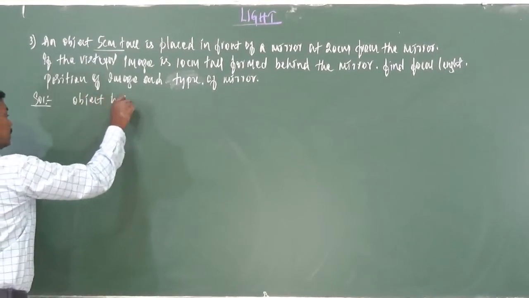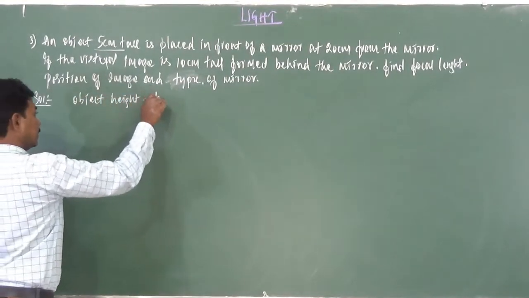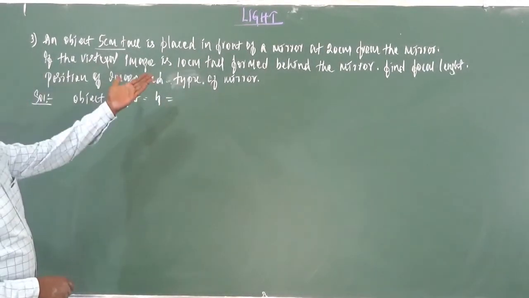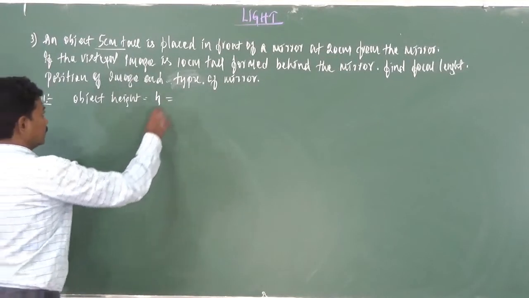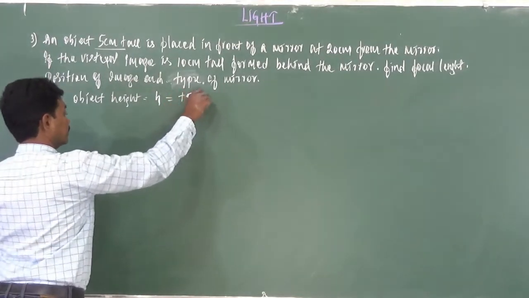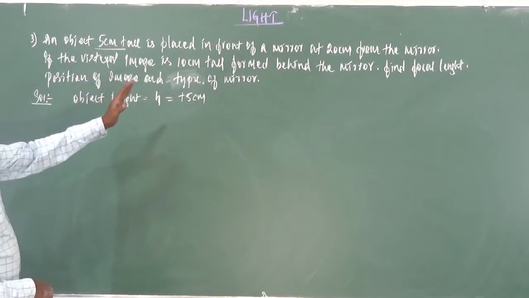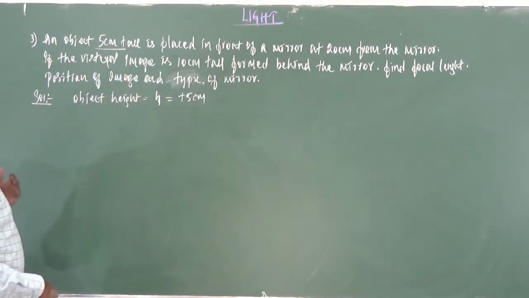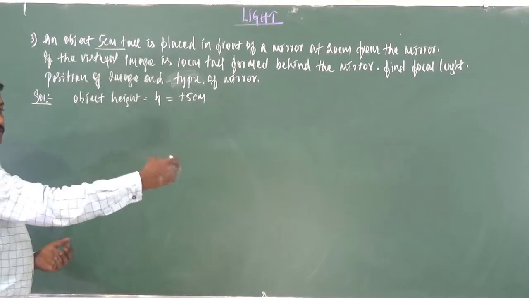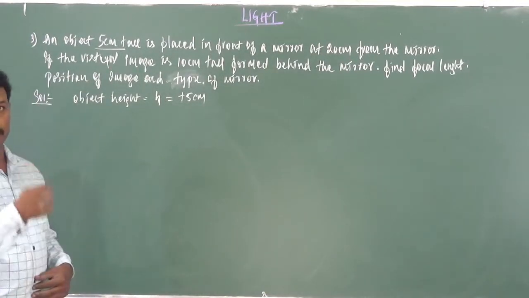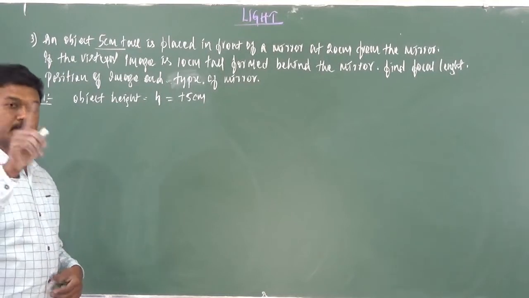Object height is always taken as h. So h is always above the principal axis, therefore it is always positive. According to sign convention, it is plus 5 centimeters. It is placed in front of a mirror at 20 centimeters from the mirror. Whatever we measure will be measured from the pole of the mirror. Therefore, whether it's a concave mirror or a convex mirror, the object distance is always negative.